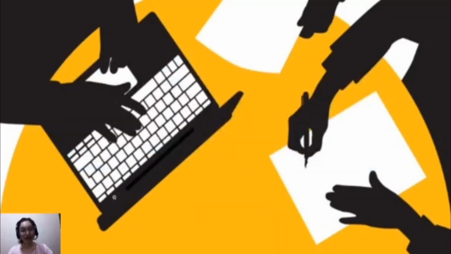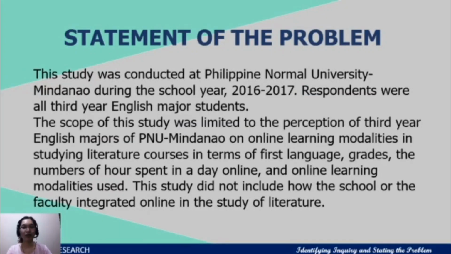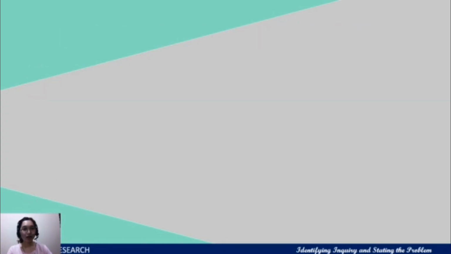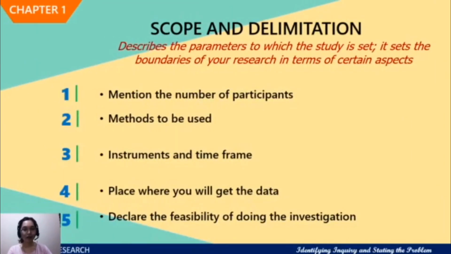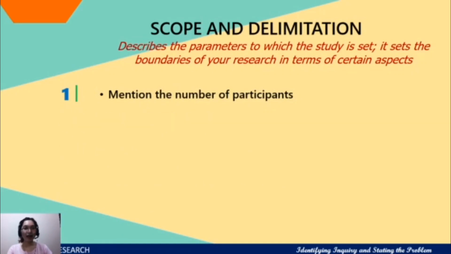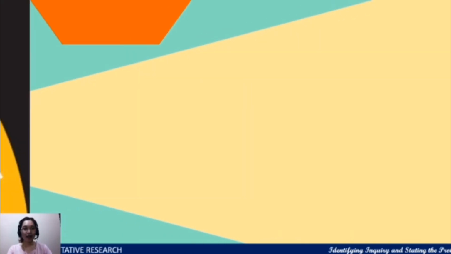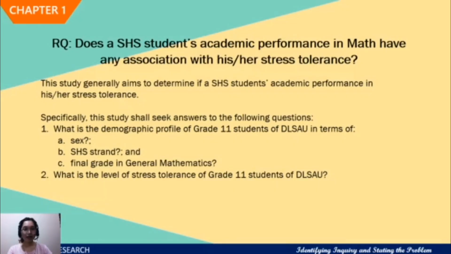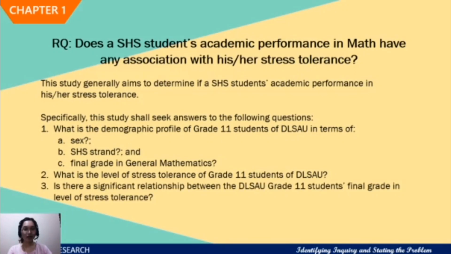Alright, so that's the end of the presentation. I hope that's clear. As long as you answered the questions mentioned in the previous slides, itong mga ito. Wait. This one for the scope and delimitation. And then, for the statement of the problem and research questions. Ito, dapat in the research question na iintindihan ninyo kung ano yung problema ng study ninyo.